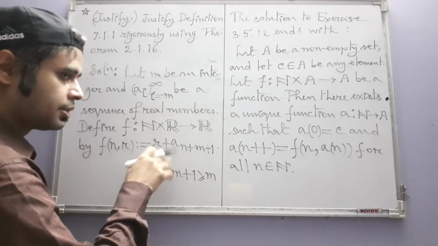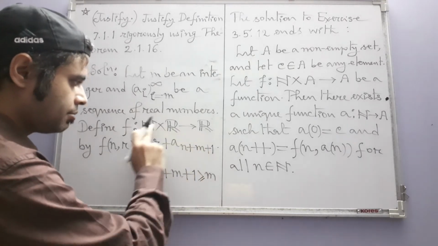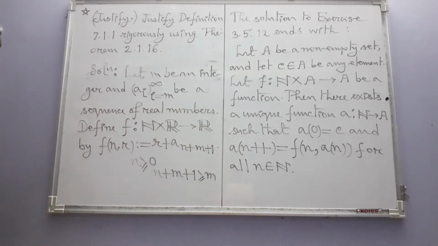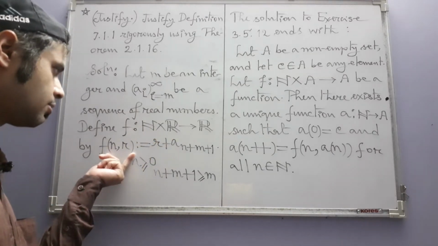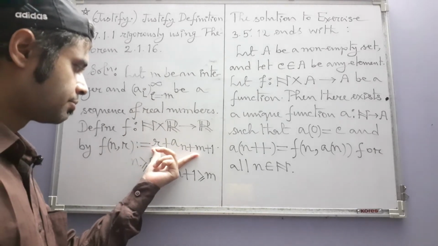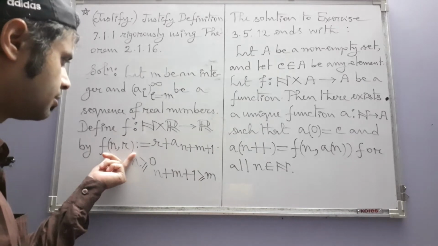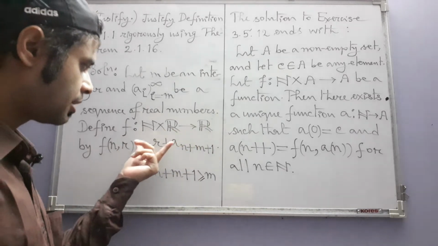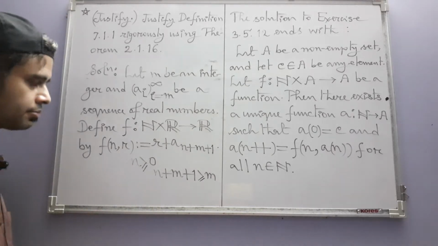And r then again is a unique real number because it's given. So their sum is a unique real number. So that means for any element, this ordered pair (n, r) coming from the domain, we have an element with which we are associating this ordered pair that is a real number and that is unique. So that is why f is a well-defined function.